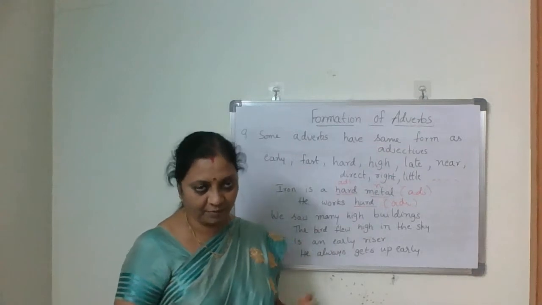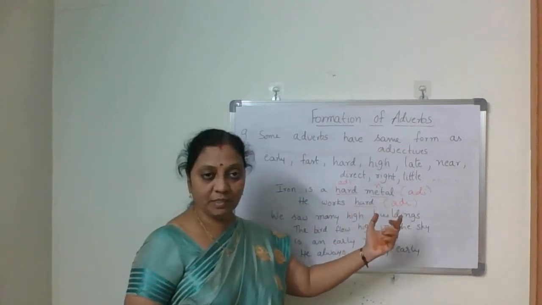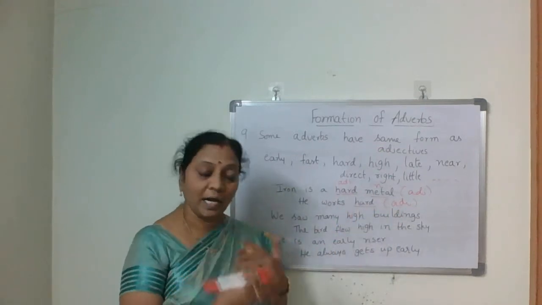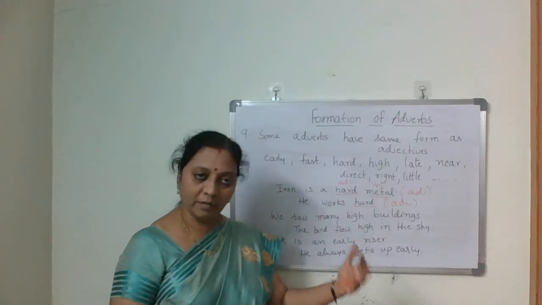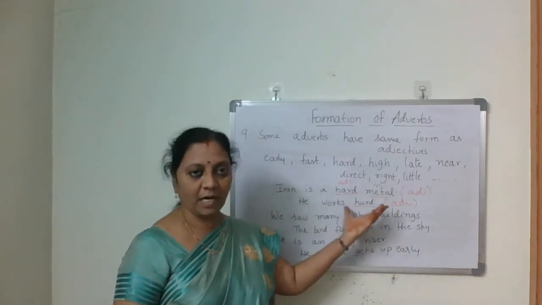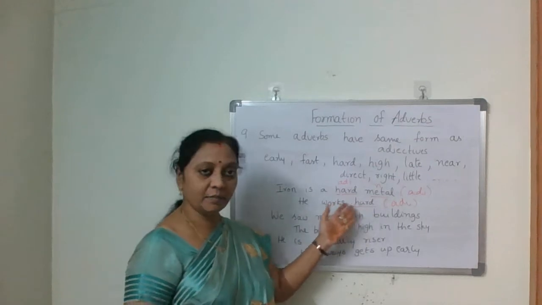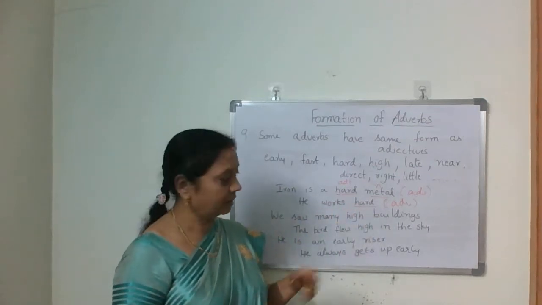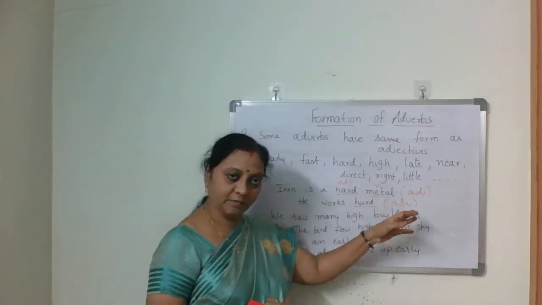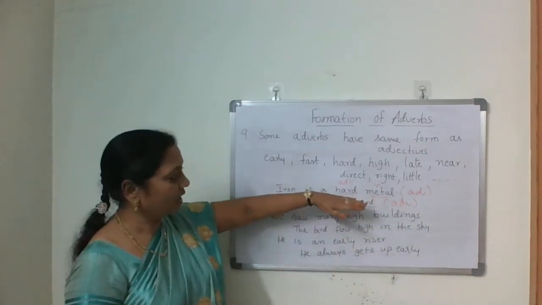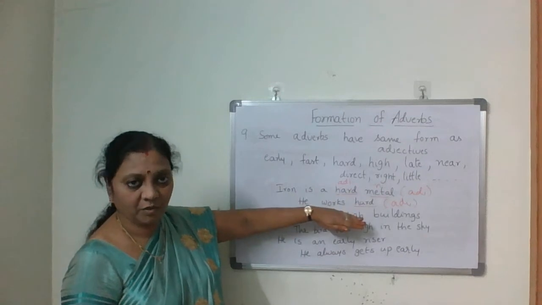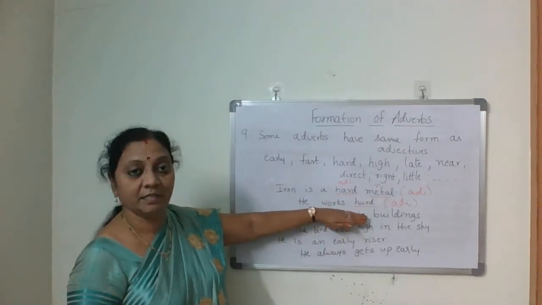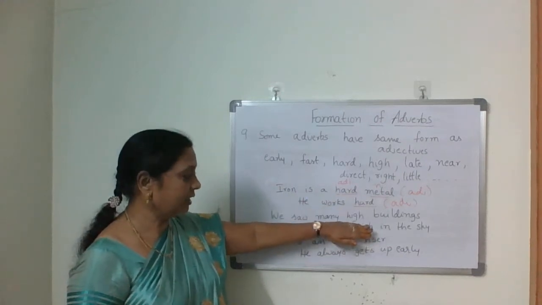An adverb adds something to a verb, an adjective or another adverb. Here it is modifying the verb, that's why we call it an adverb. So see the difference: in the first case it is an adjective, the same word hard, but in the second case it is an adverb.